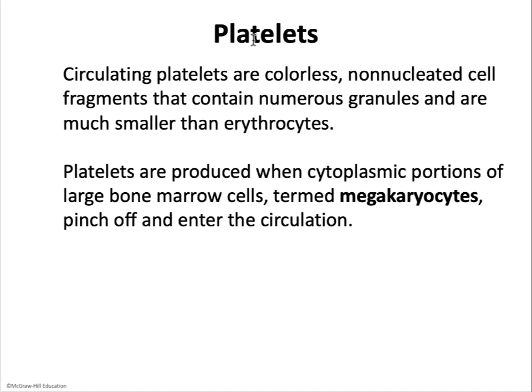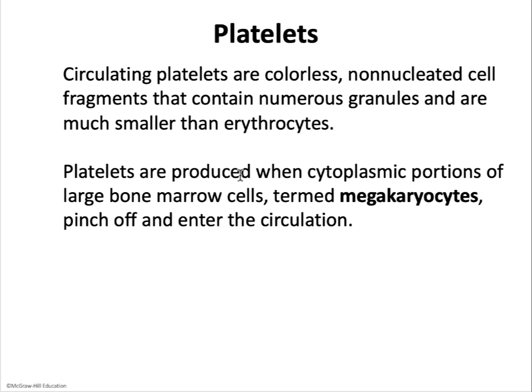Platelets are actually shreddings of cell cytoplasm, and these mother cells are located in bone marrow as megakaryocytes. So platelets are simply fragments broken away from these cells. They do contain granules within their cytoplasm, and those granules are important in forming blood clots.